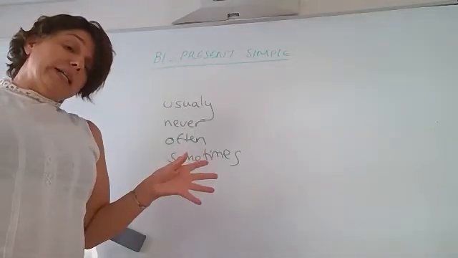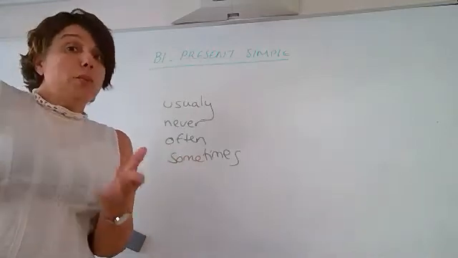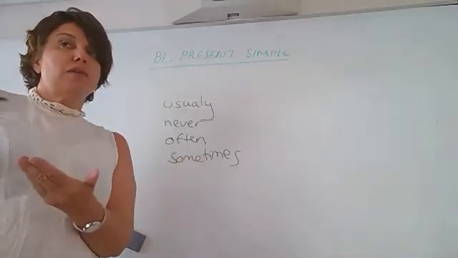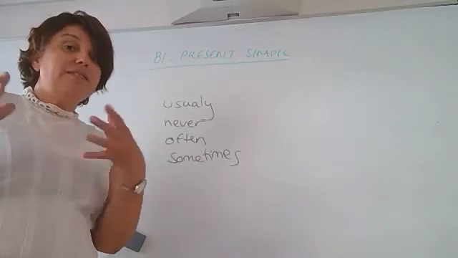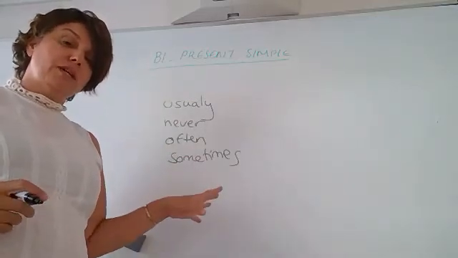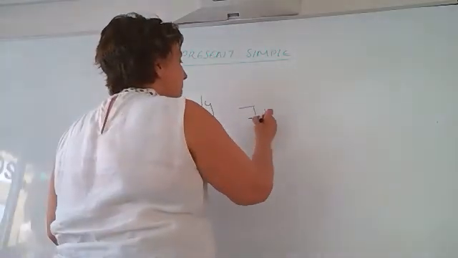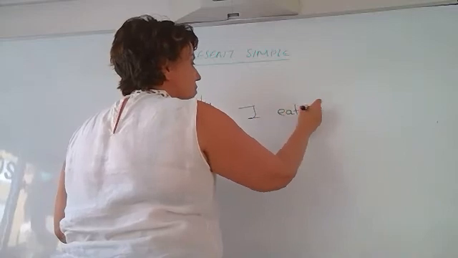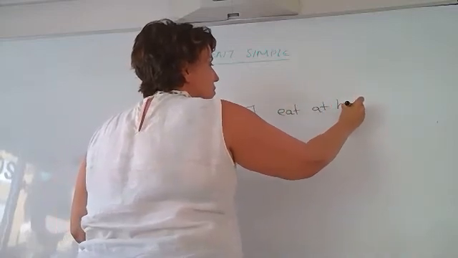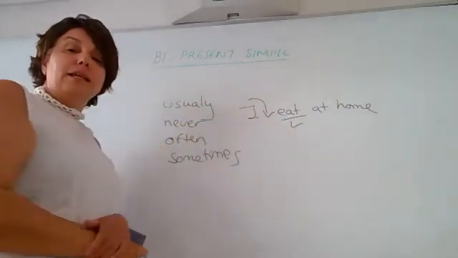Lo que no queremos, o lo que no podemos, es hablar inglés como si estuviéramos hablando español. Es diferente, la estructura de la frase es diferente. Entonces, ¿dónde ponemos estos adverbios? Pues si es un verbo normal, delante.